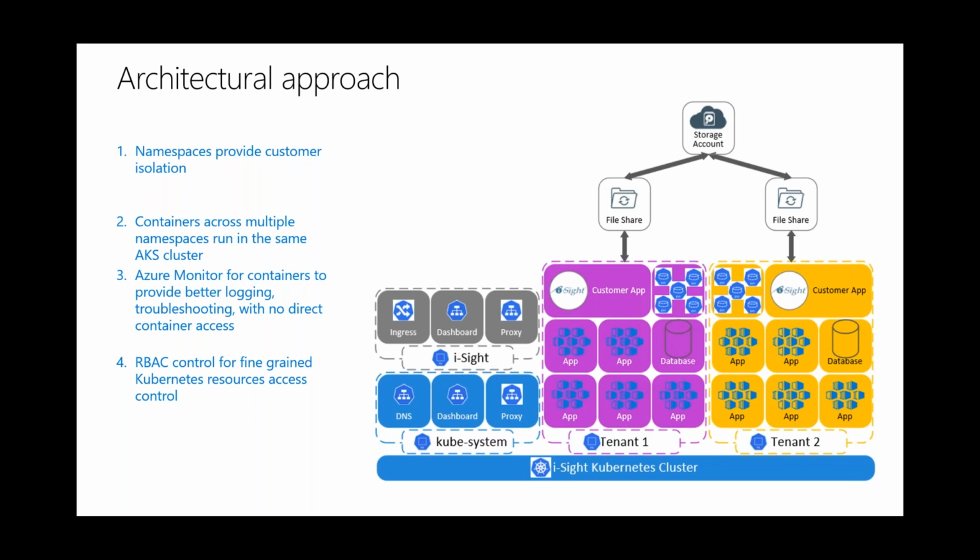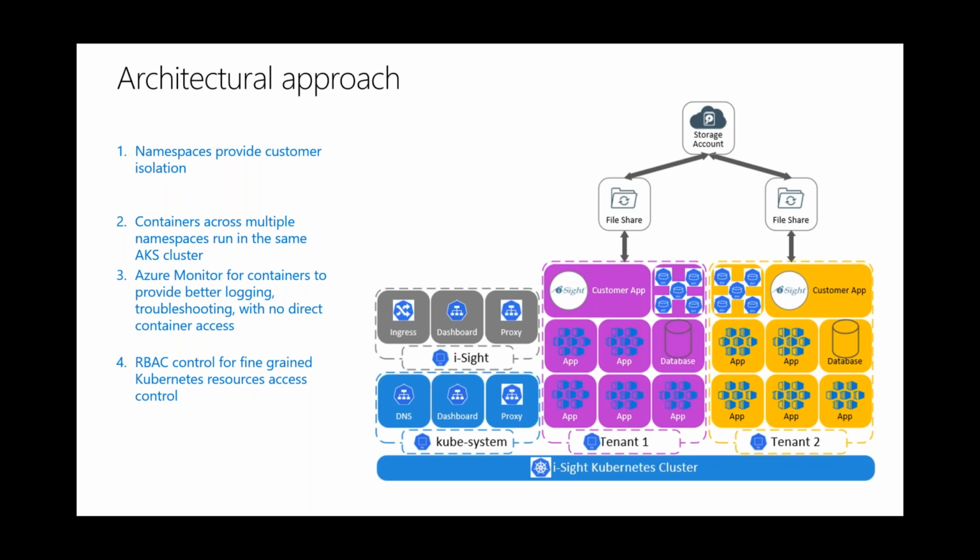And then you can see each of the apps that they have that are supporting their overall service, as well as the base Kubernetes system services. The namespaces here in this example are tenant 1 and tenant 2. And they provide the customer isolation, so those applications can't communicate across the colors.